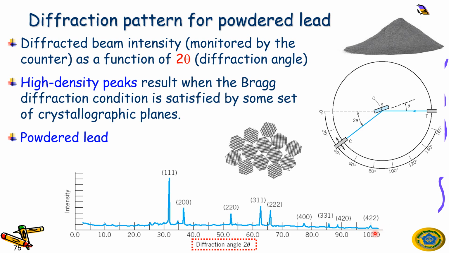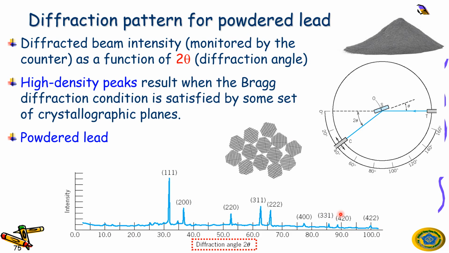Of course you don't know what this is, and you don't know why the Professor wrote the 110 plane here. But if you have an unknown material, you collect all the data and send it to a computer.